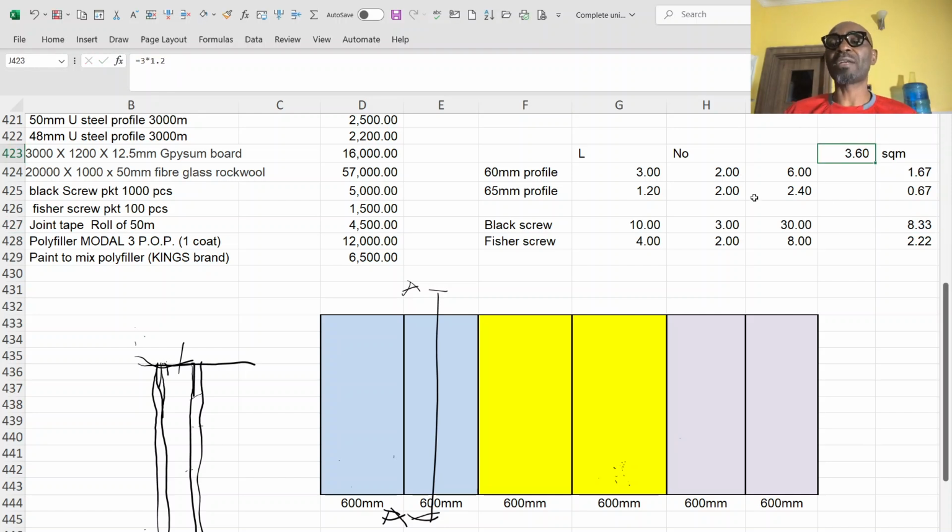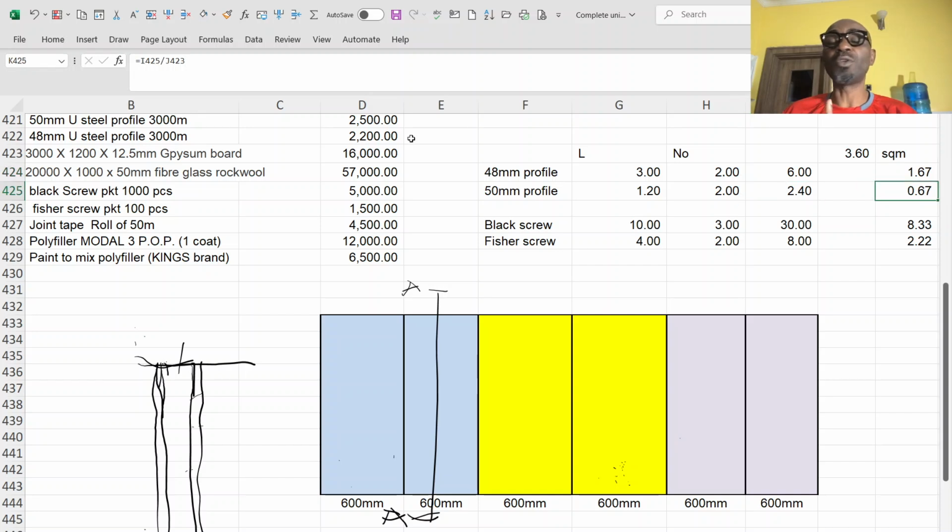Excuse me, 3.6 square meters. So if I divide the length of the 50 mm profile, no, the 48 mm profile, then the 50 mm profile, the 15 mm profile, by 3.6, which is the area that I use the profile to achieve, I'm going to get 1.76 per square meter.